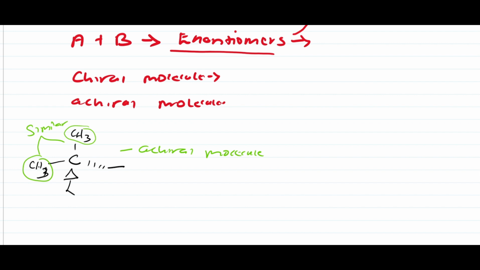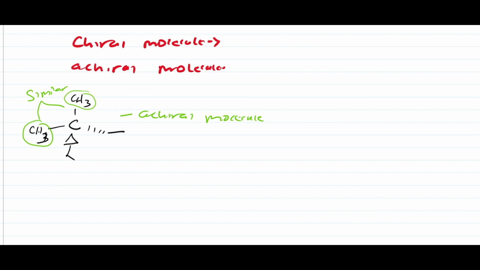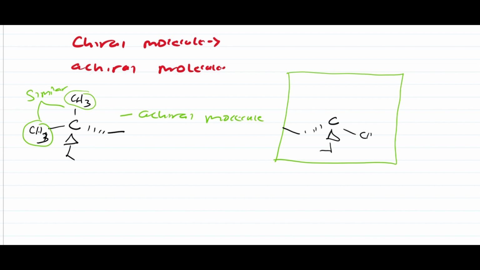Now, if I introduce a mirror, I will have a situation whereby I still form the same molecule, but now oriented in a different manner. I'm going to have a carbon, then we will have that, then my wedge will be down here, then on the other part I'll have a CH3, then a CH3 on top.